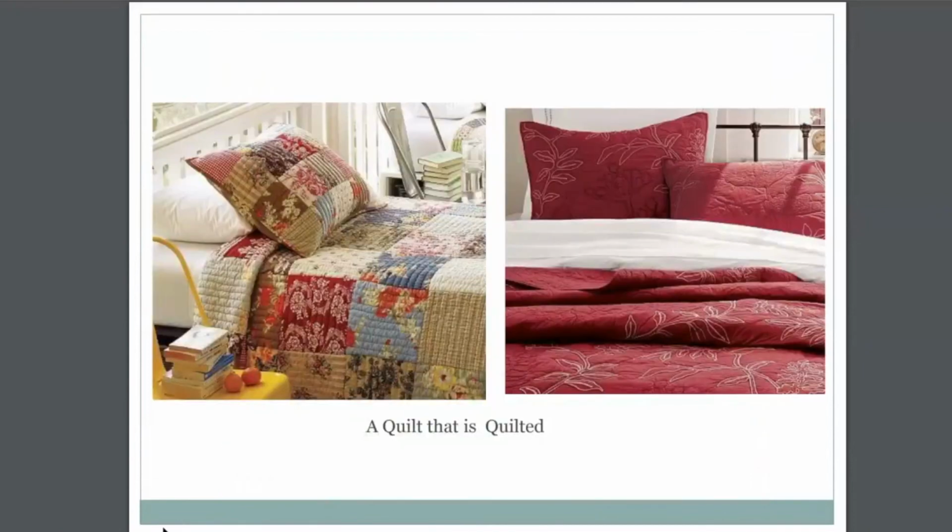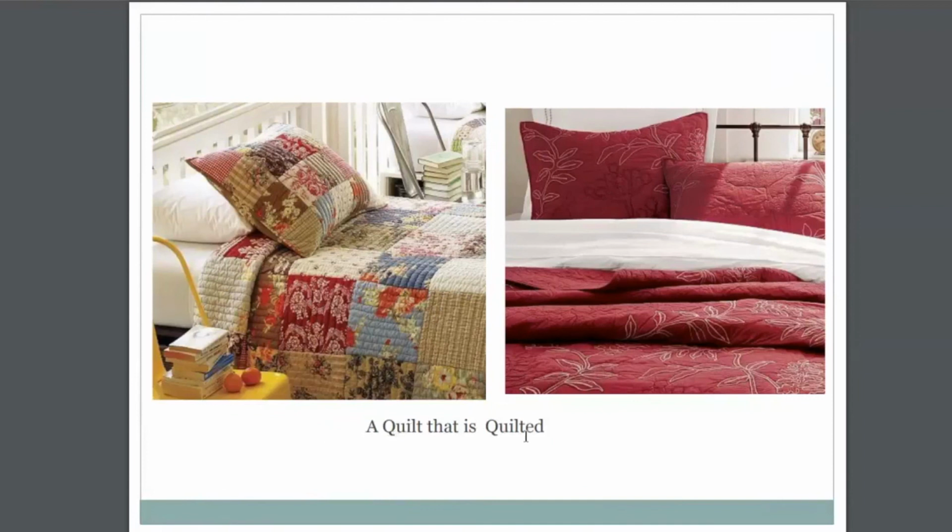There's a difference between the term a quilt and quilted or quilting. So a quilt is generally cutouts of fabric, in this example, squares that are sewn together. All these different fabrics that have been sewn together, that makes it a quilt.